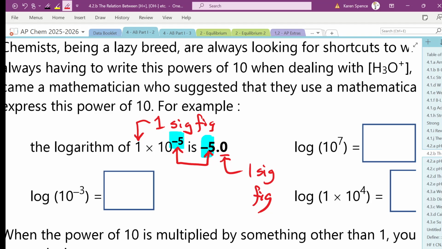No. We don't say that 1 times 10 to the negative 5 has 2 sig figs. It does not. So why would we say that negative 5 is part of the sig figs later on? The easy way to remember this rule is that in pH, pOH, pKw, only numbers after the decimal are significant.